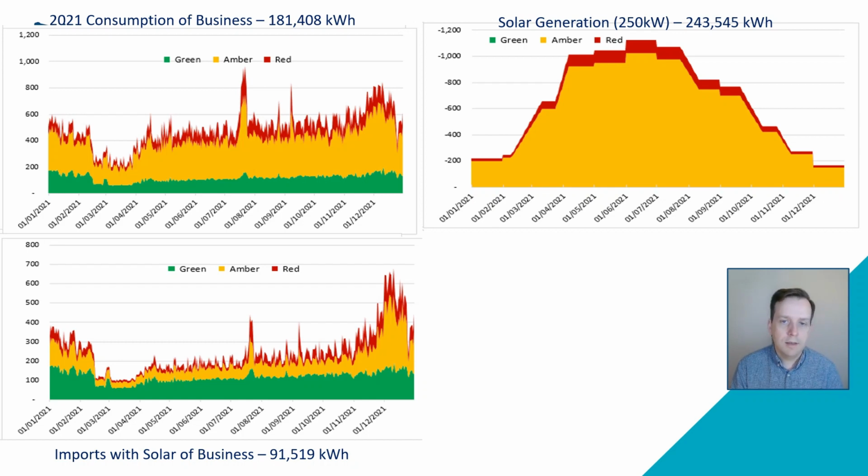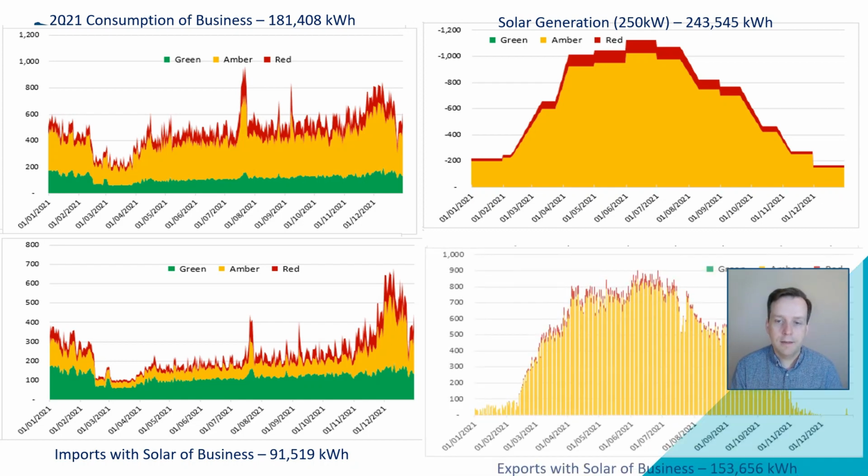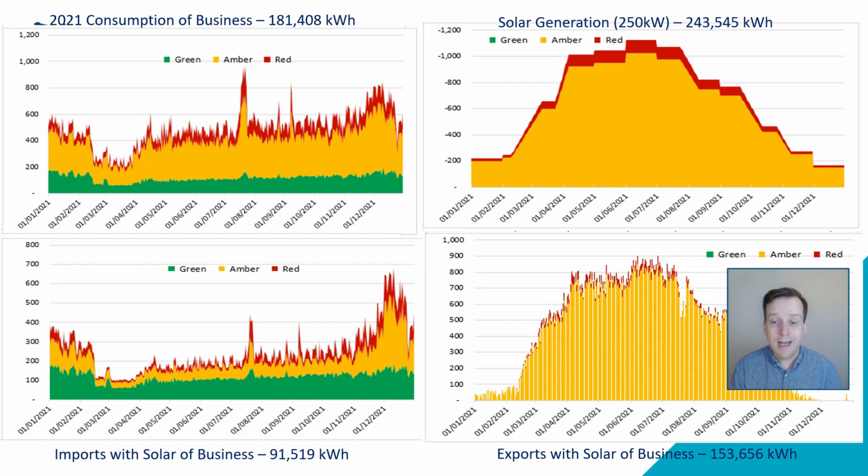The big chunk obviously reflects the curve of the solar generation, and our final graph here is the actual exports with solar. And what you can see here is the significant nature of the export.